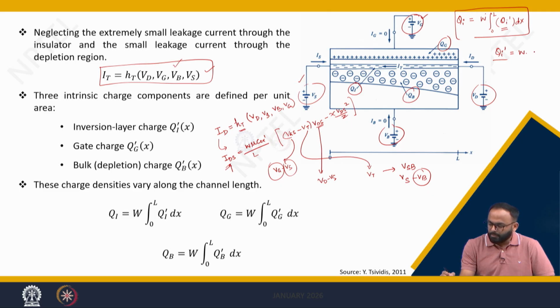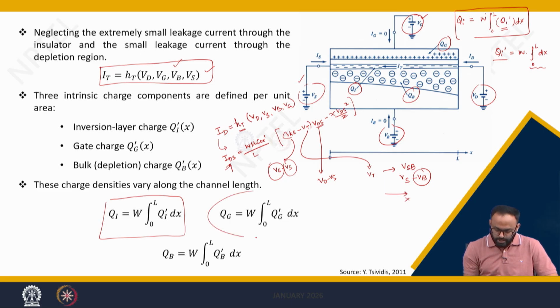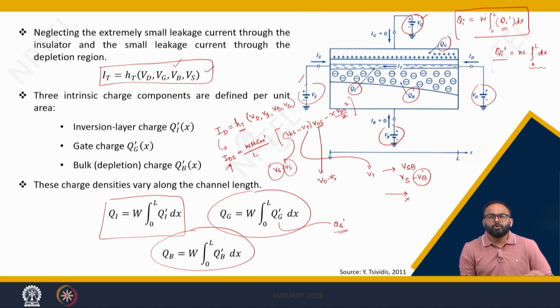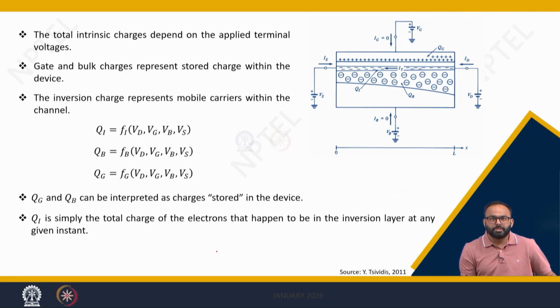We are multiplying with W, and 0 to L dx will give you the total length with which my charges are varying. In turn, I can simply write these equations as Qi is equal to W into integral 0 to L Qi dash dx, where dx or x is this direction. Qg can be written as W into integral 0 to L Qg dash dx, where again Qg dash is what? Charge per unit area. And Qb can be written as W into integral 0 to L Qb dash dx. These are the equations we have already derived for DC operation.